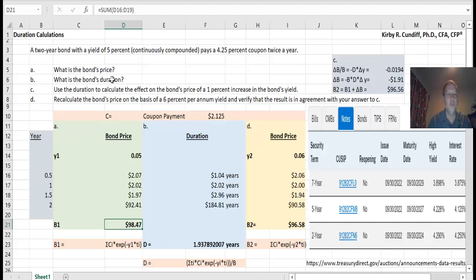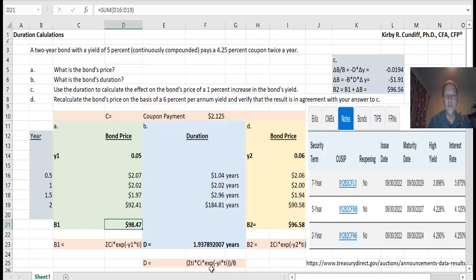Part B, what is the bond's duration? Well, the duration calculation is similar to the calculation for the bond's price. The difference being right here is the summation of the present value of each coupon discounted to the time when it takes place.